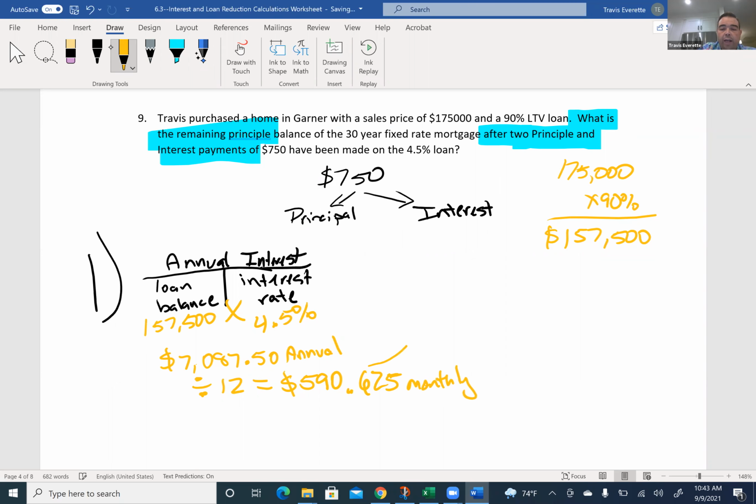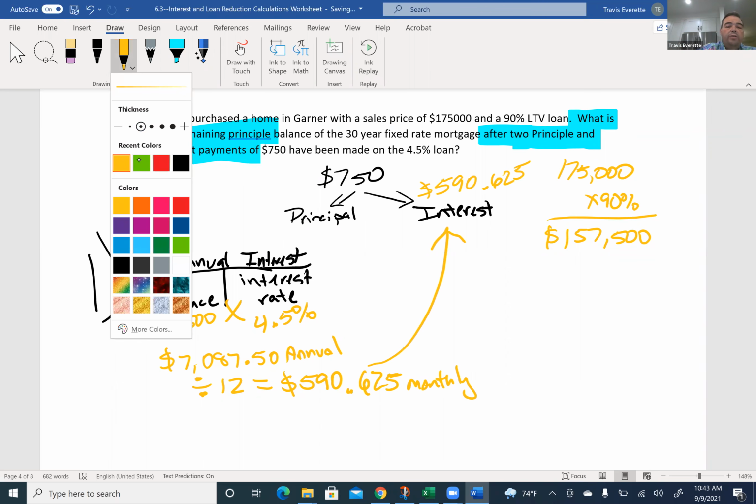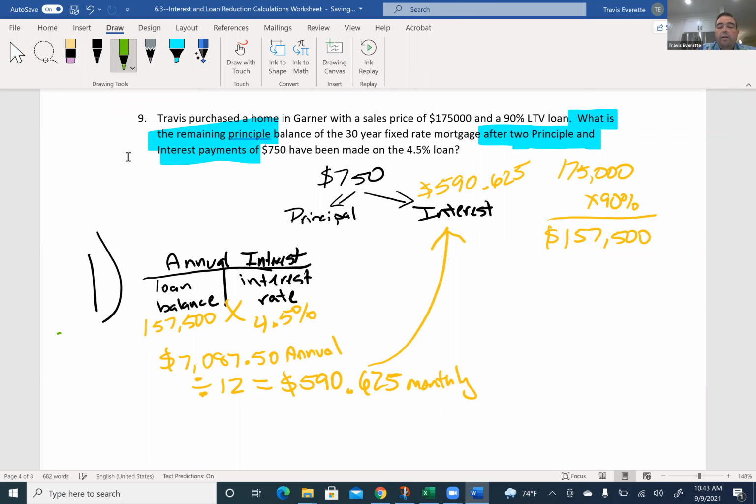Folks, that goes right here, right? So we know of that first $750 payment, $590.62 or 63 cents is going toward interest. So then change colors. Let's switch it up a little bit. Let's look at how much of that payment is going toward principal.